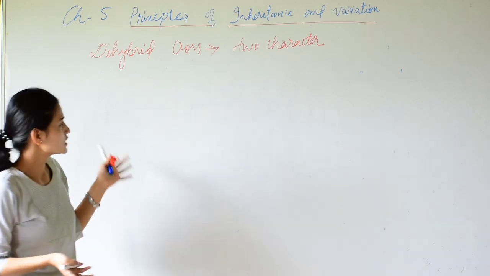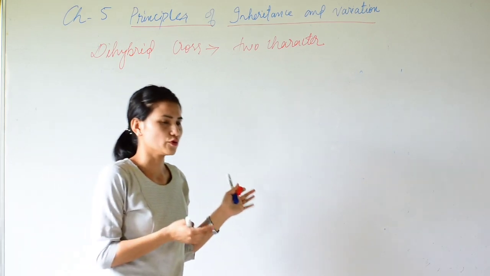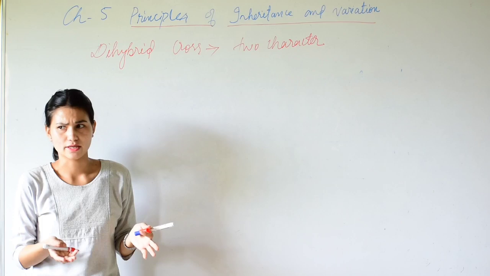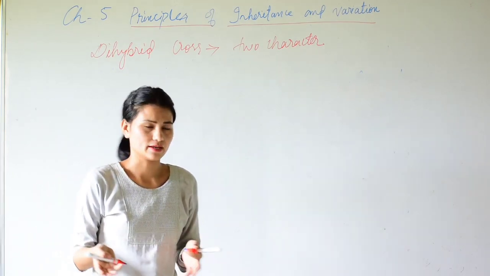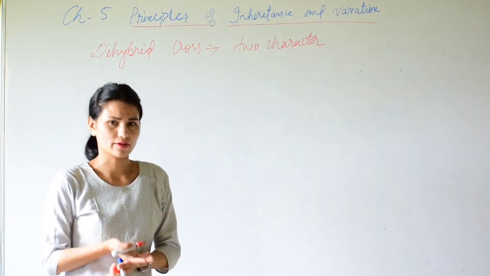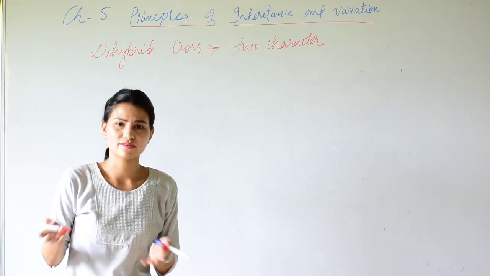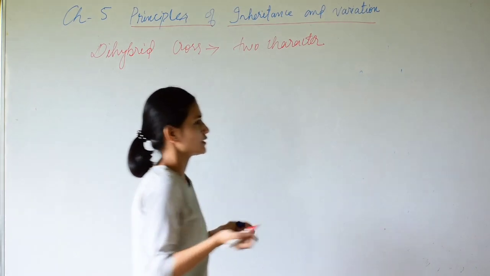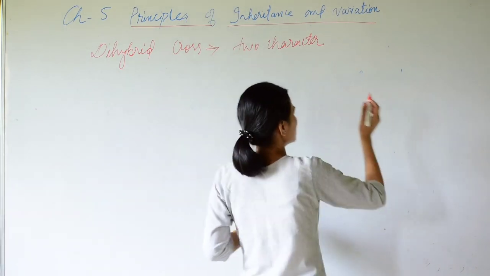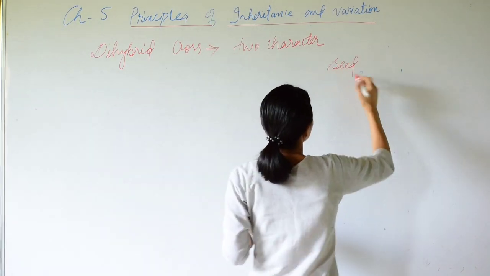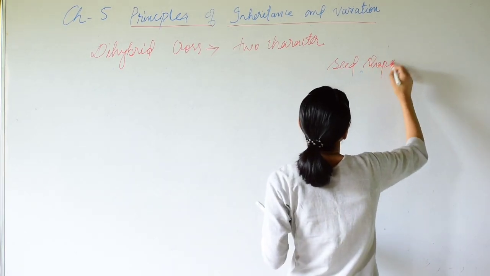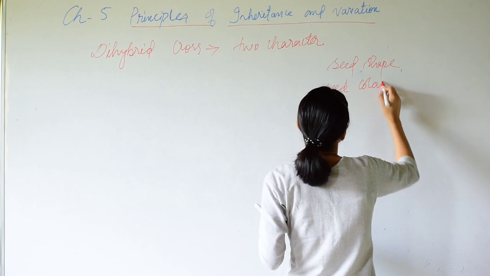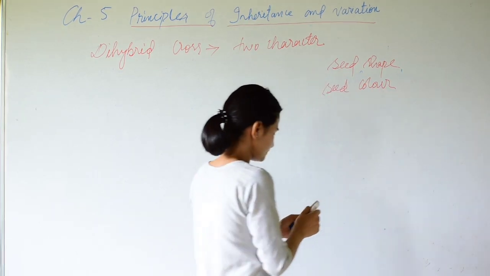In the monohybrid cross, Mendel did a cross of the single gene, that is, he took the character stem height. But here we can choose any other characters. Why? Because as we have seen that there are 7 characters, so we can choose any 2 characters. So let us take the characters of seed shape and seed color.